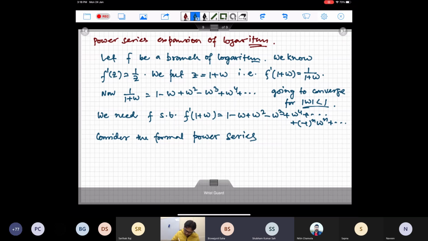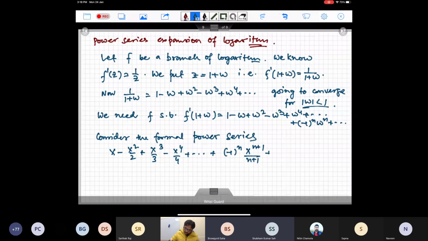So if you take the power series, consider the formal power series x minus x squared by 2 plus x cubed by 3 minus x power 4 by 4 plus so on and so forth, minus 1 power n x power n plus 1 divided by n plus 1, and so on. So we are going to consider this particular formal power series. How did I get this one? Because I understood, like, in my mind I can see that if I take term by term differentiation of this particular power series, I'm going to get this one.